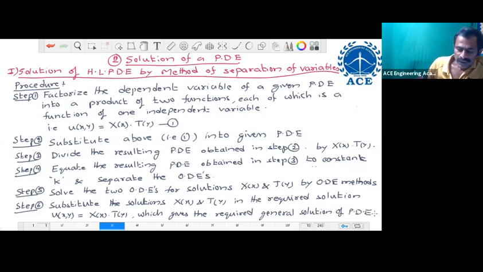That's it. This is the method of separation of variables. We just follow this procedure.